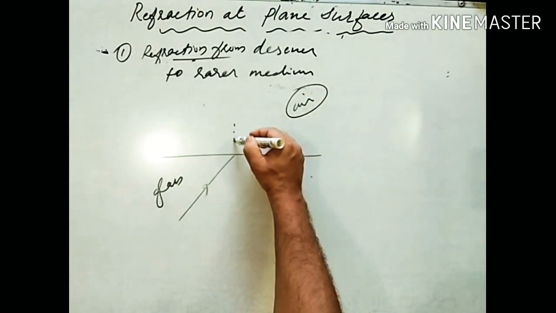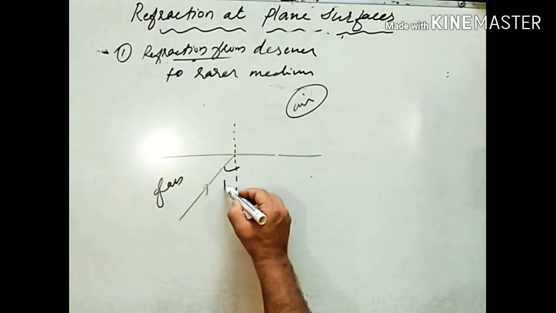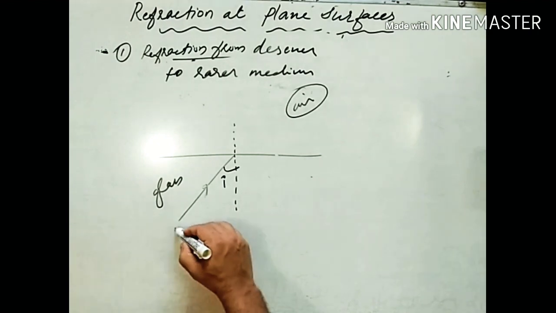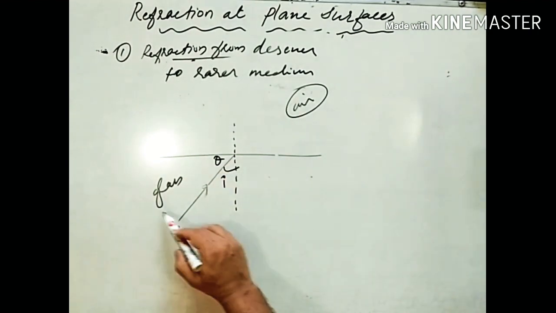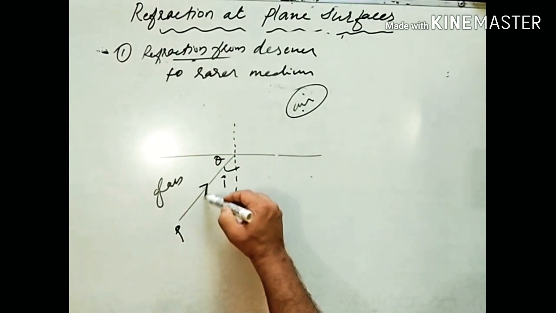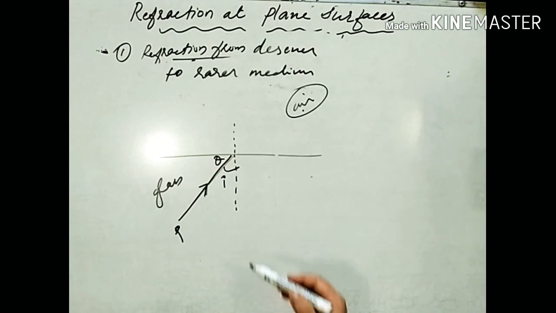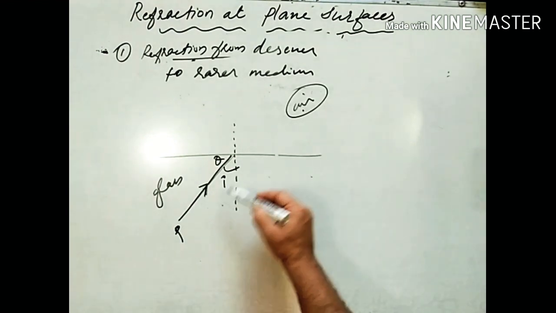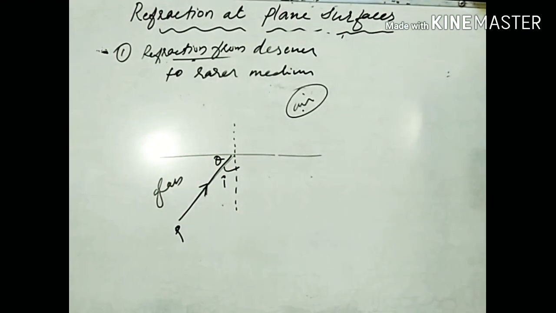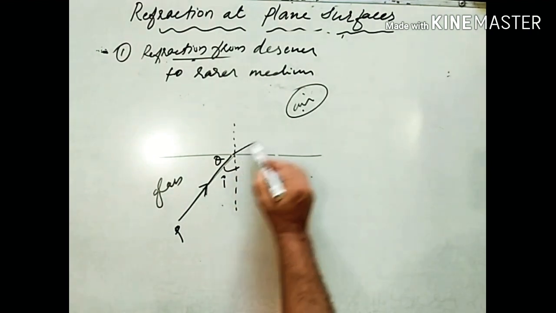So let us draw a normal at the point of incidence. This is the angle of incidence here. So the ray of light PQ is traveling, remember, from a denser medium to a rarer medium. The arrow mark shows the direction of the ray of light. When it travels from a denser medium to a rarer medium, it speeds up again. When the light speeds up again, it will bend away from the normal.